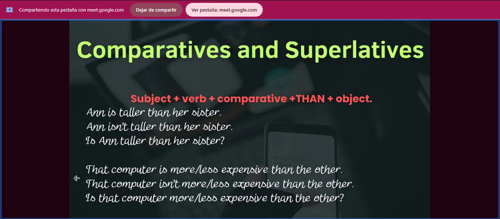So you can use the construction with more or with less when you have long adjectives. What you don't have to forget is the particle than at the end of any comparative sentence. Any question up to here of the comparatives? De los comparativos, ¿alguna pregunta? Nos faltan los superlativos.